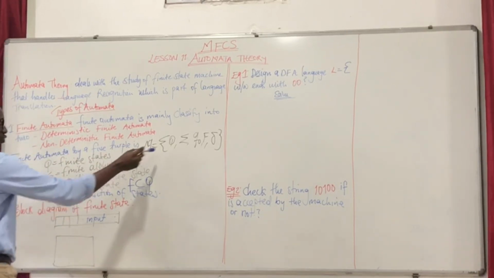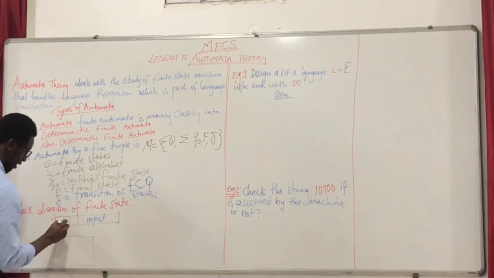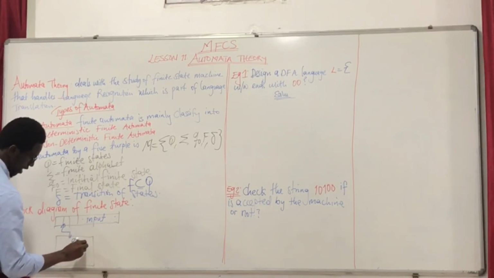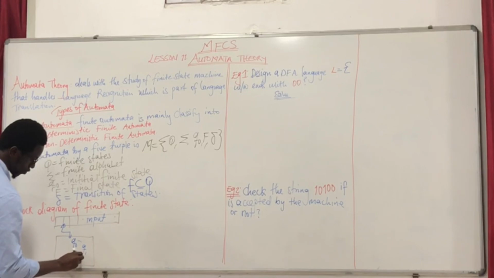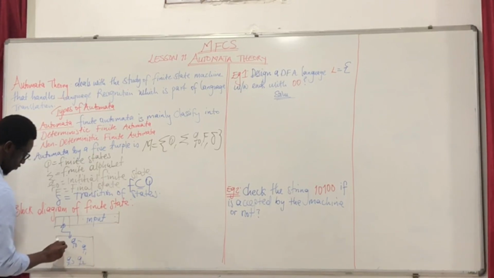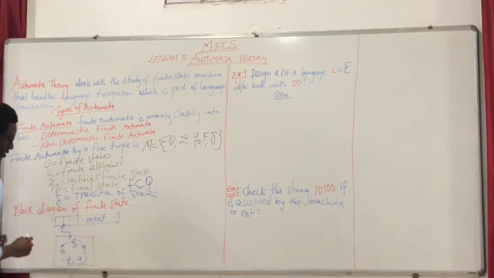For this finite state, we use Q. As you can see, we have the initial state. So we can start from here, Q0, then it goes Q1, Q2, Q3, Q4, and so on. So this one continues till the final state.